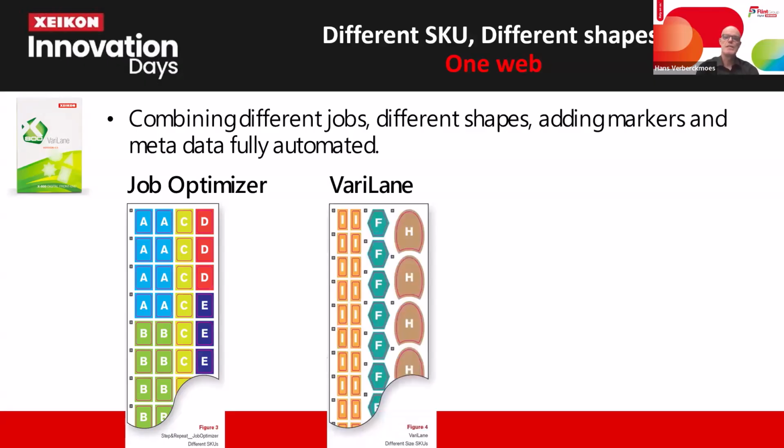But even more neat is the VaryLane, where you can combine different shapes, different jobs, and different file lengths all on the web. And this mainly because we have this full rotary benefit, and you can really optimize the web best to your needs and combine all these short runs into one job. So very important, Job Optimizer and VaryLane.